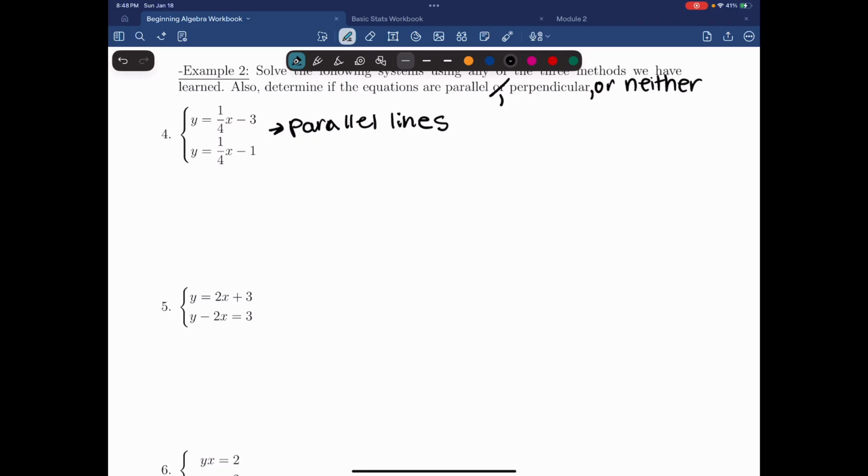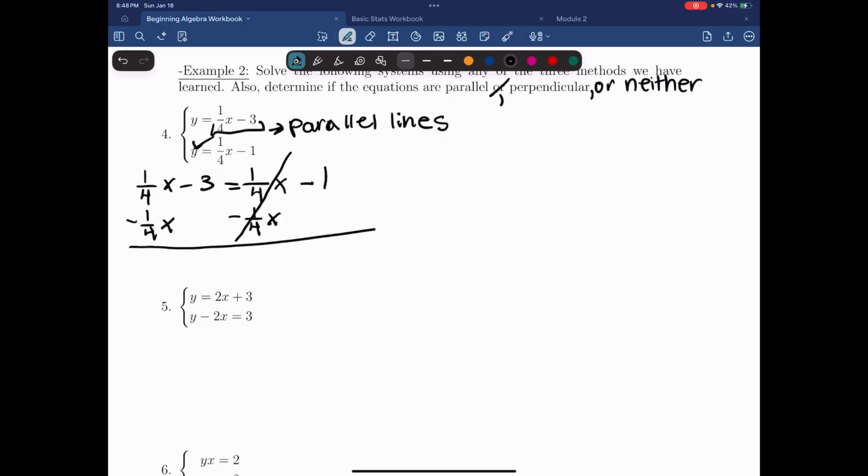Let's solve this. Because both these equations are set equal to y, I can plug one of these equations in for y. So I'm going to plug in this top equation for y right here. So I'm going to say 1/4 x minus 3 equals 1/4 x minus 1. Now to solve for x, I'm going to subtract 1/4 x on both sides of this equation.